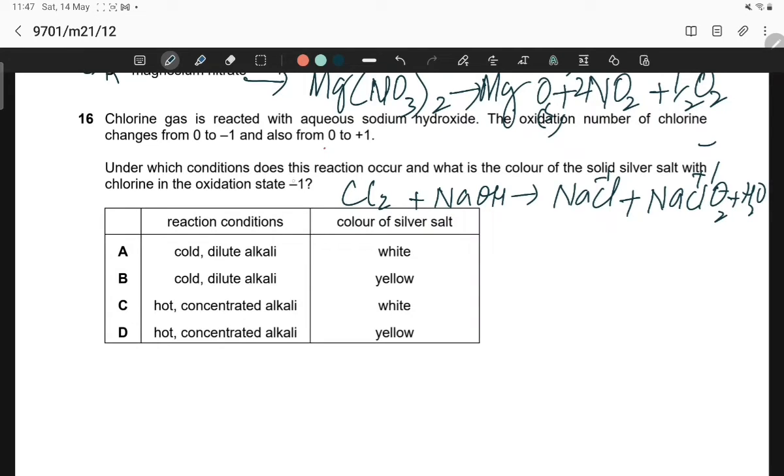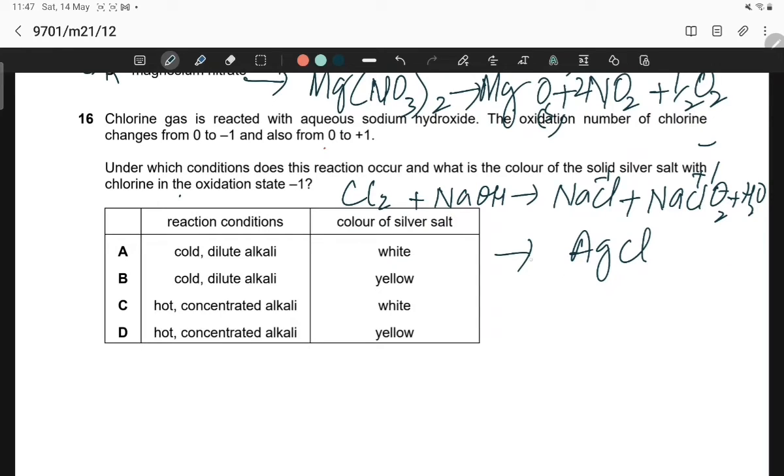Under which condition does this reaction occur, and what is the color of the solid silver salt with chlorine in the oxidation state -1? So AgCl is the insoluble salt, a white precipitate.